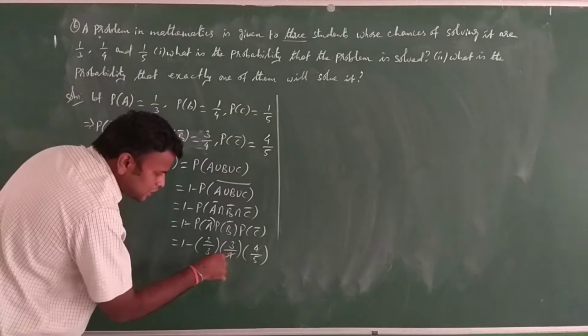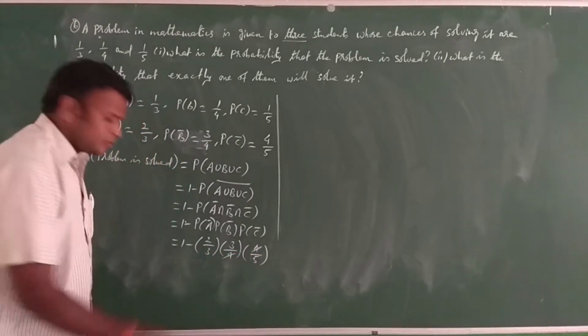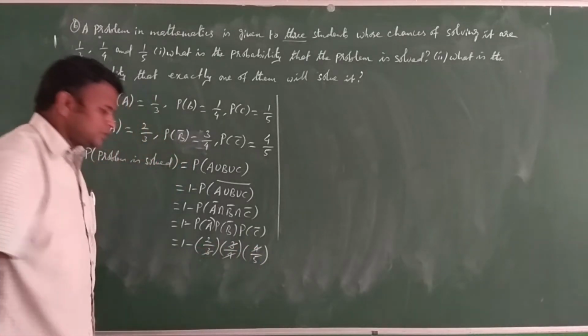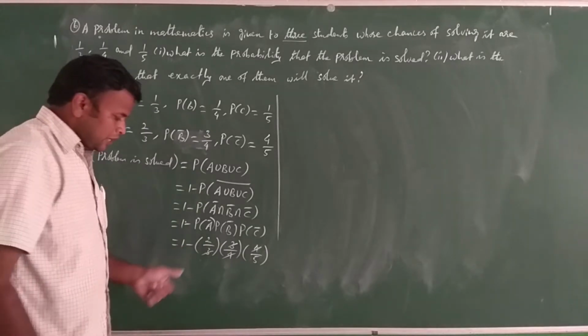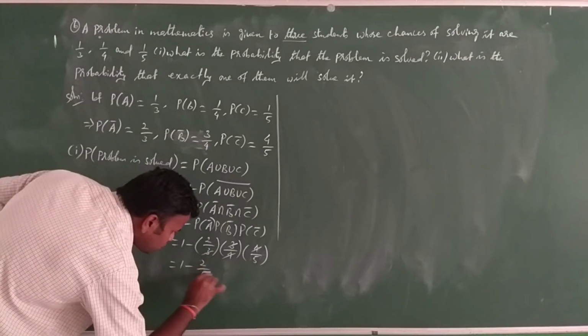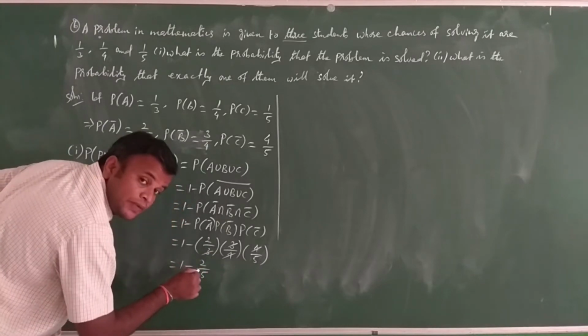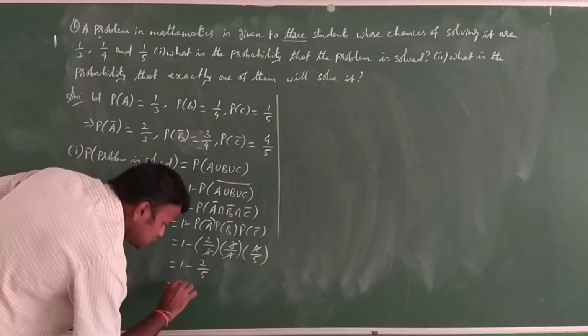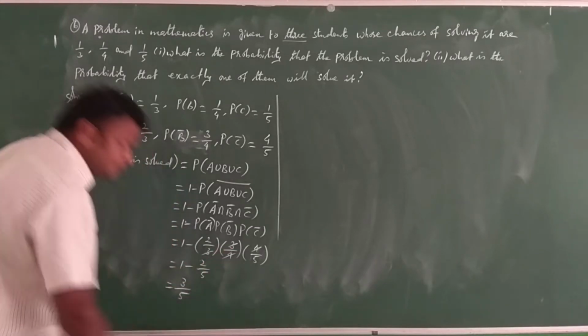Now you see there is a chance to cancel: the 4 and the 3. What is the remaining? 1 minus 2 by 5. We cross multiply, we get 5 minus 2 is 3 by 5.